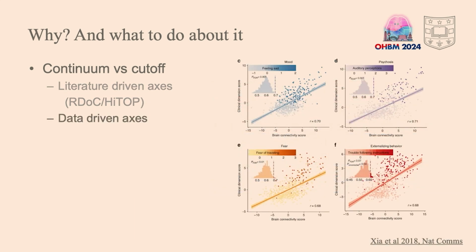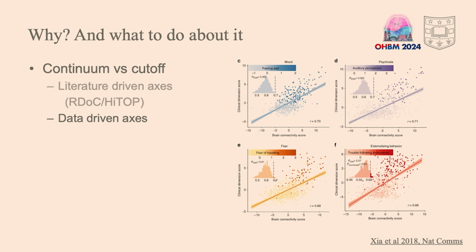But thankfully, we have a lot of data-driven work to try to understand these principal axes. This is just the example that comes to my mind, which is the Xia et al. paper in 2018 that did a sparse CCA in a trans-diagnostic mental health group and found four overall axes that you can relate the dimensionally reduced clinical domain and a dimensionally reduced brain connectivity score, and you're actually able to represent through this axis that as one increases, how does the other one increase?